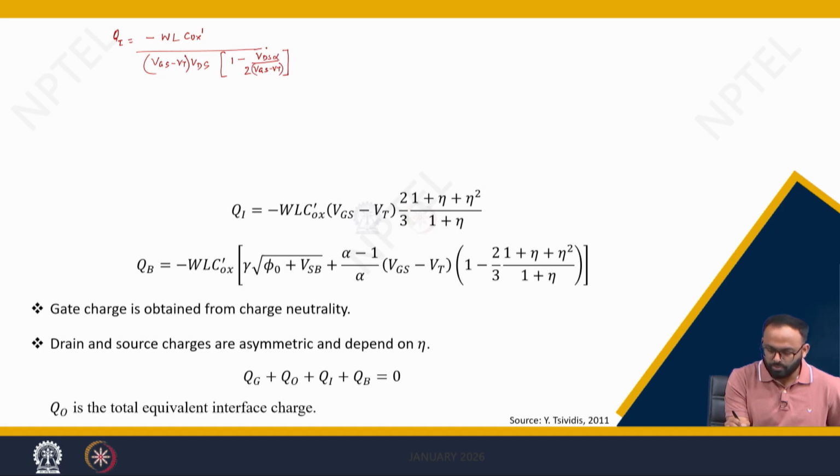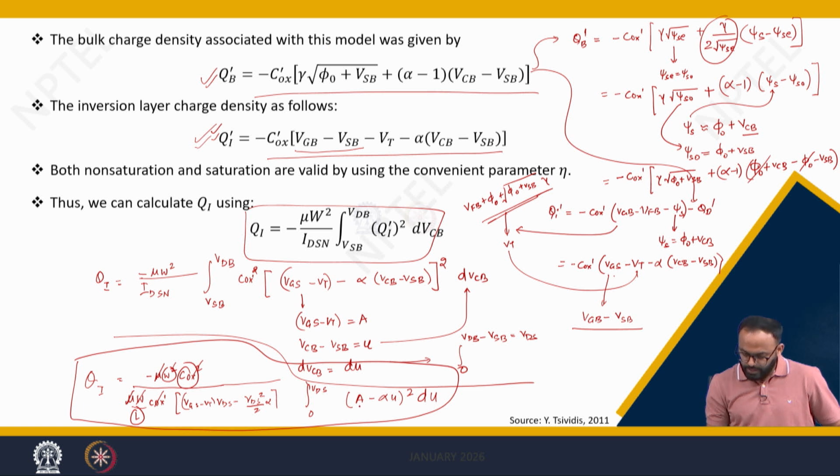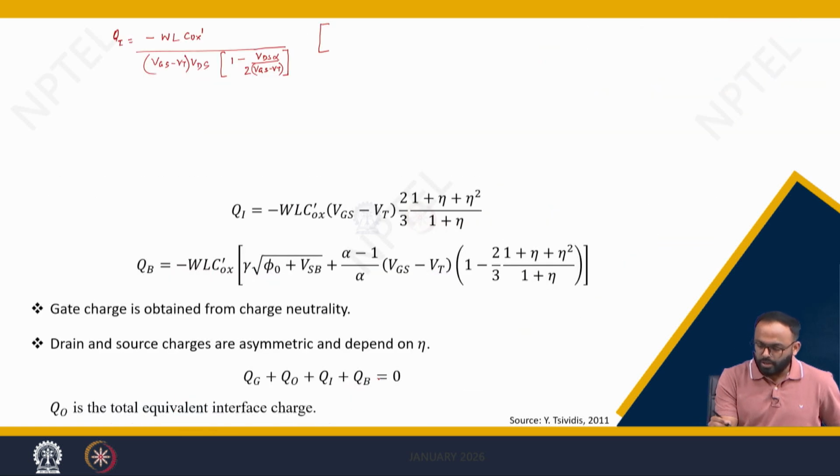Now, in the numerator, if you do the integration, or let me rewrite again, 0 to Vds, A minus alpha u whole square will give you A square plus alpha square u square minus 2 alpha u A du, right.